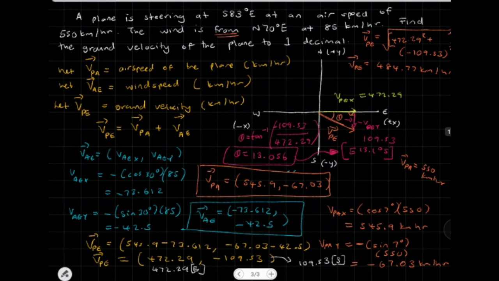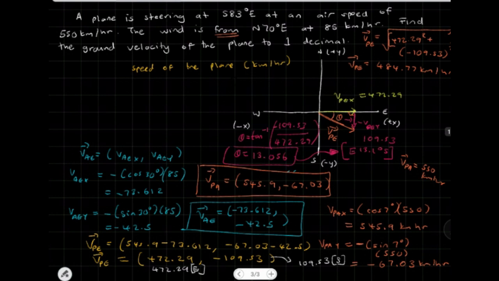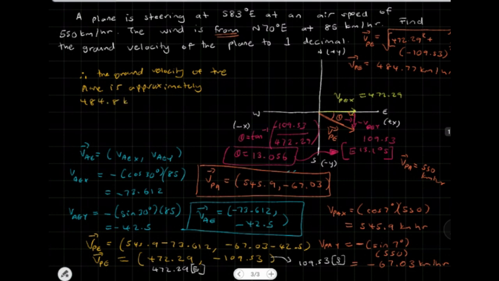So collectively, our answer here is, therefore, the ground velocity of the plane is approximately, it's really important to include the units as well, approximately 484.8 kilometers an hour in the direction of east 13.1 degrees south.